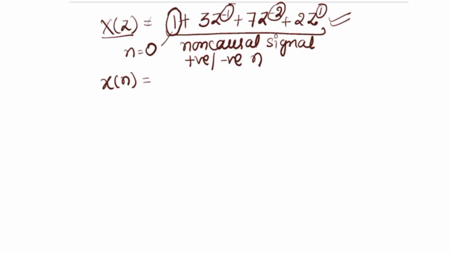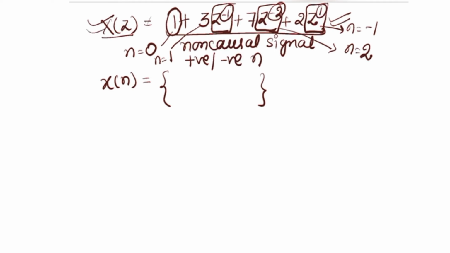Then the z⁻¹ term represents the n = 1 coefficient or signal value, then z⁻² represents n = 2, and z¹ represents n = -1. So the equivalent time domain signal of this Z transform will exist at 0, 1, 2 and -1.